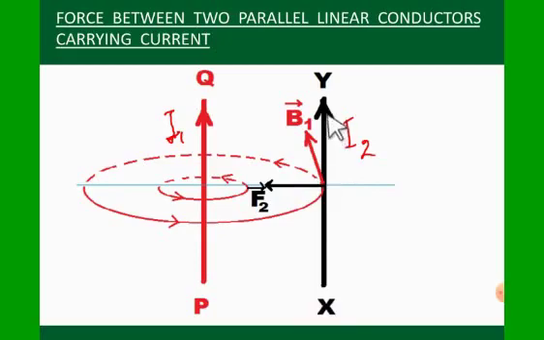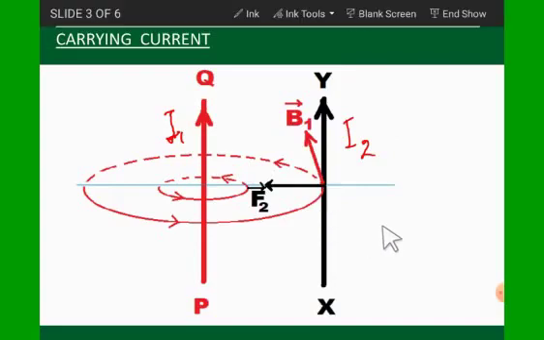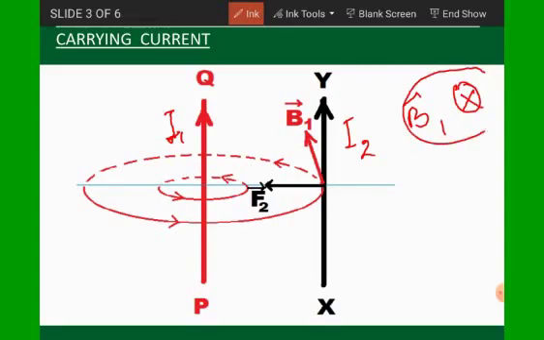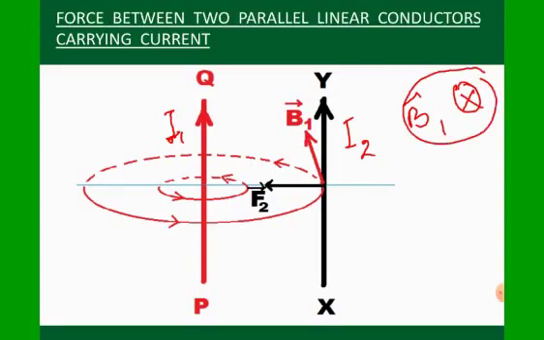XY is lying in the plane of the paper and the magnetic field is inward, so we may use a cross symbol. So B1 is going inside, perpendicular to the plane and directed inward.